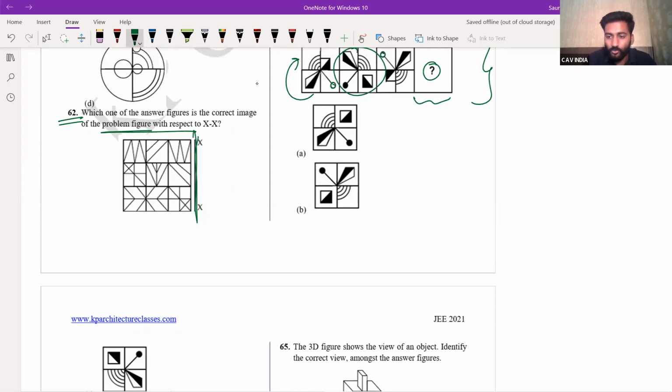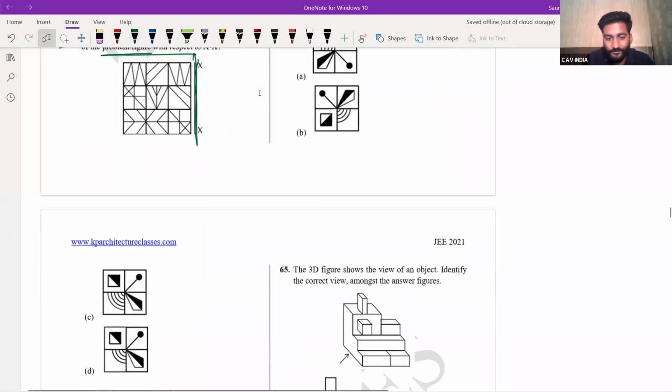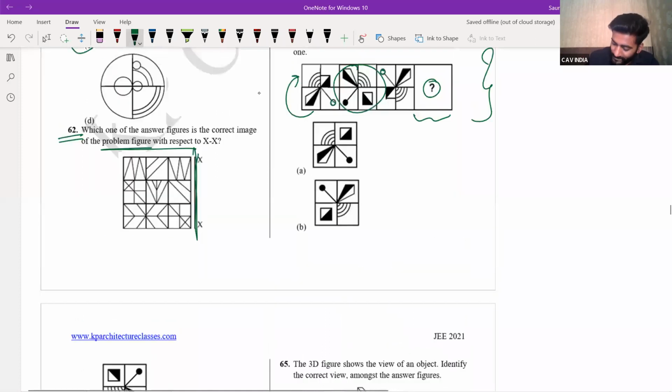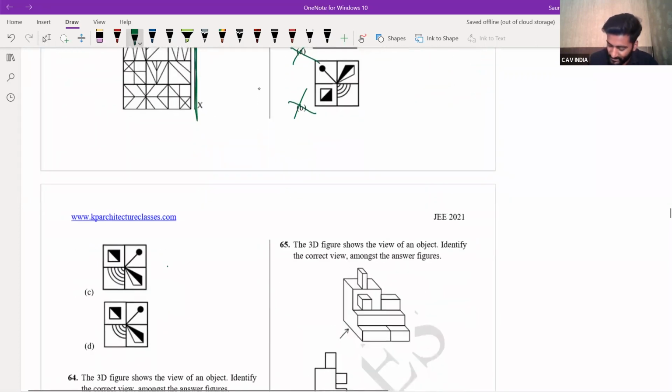So where should it go? If we look at all these options, let's say this part is there on the opposite of it. So this part should go on the opposite of it here. So A and B both got cancelled out. Now we are just having C and D. We can now look at the differences.